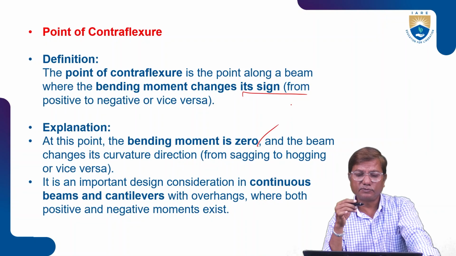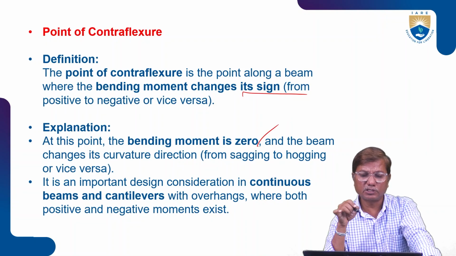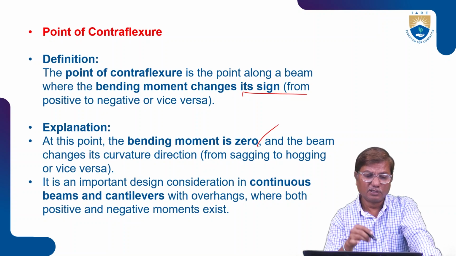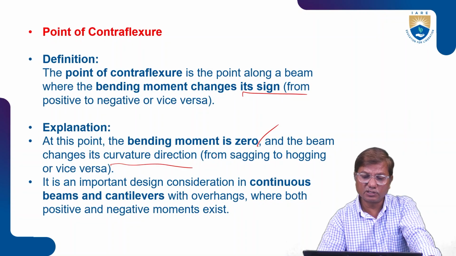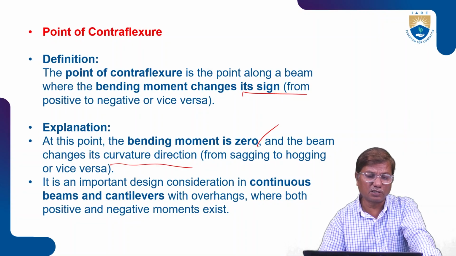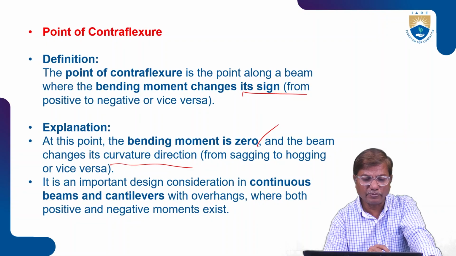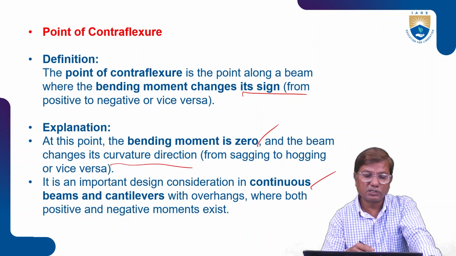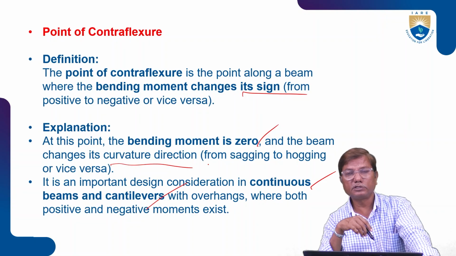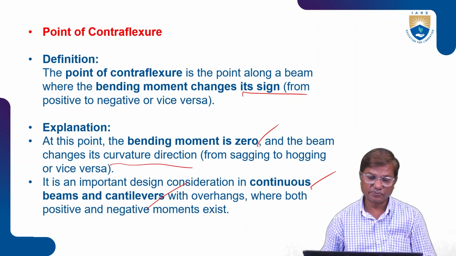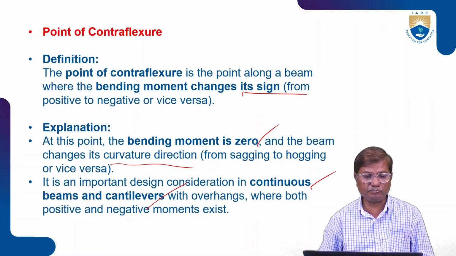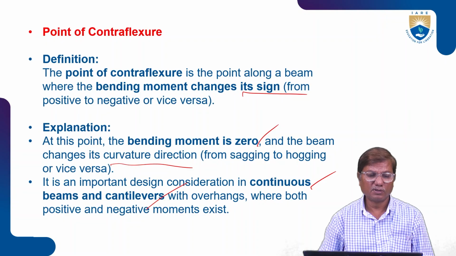As it changes sign from negative to positive, the bending moment is 0 at the point of contraflexure. Then it changes the direction of curvature, that means from sagging to hogging or vice versa. It is an important consideration in continuous beams and propped cantilevers, that is, cantilevers with overhangs.